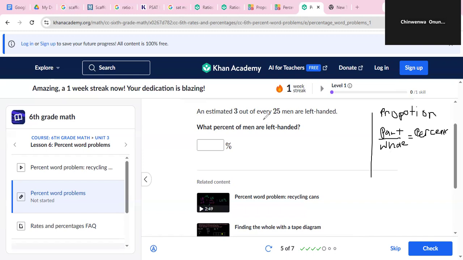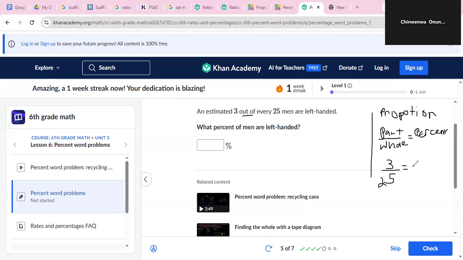Okay, so we have 3 out of 25. So we're going to rewrite this as 3 over, part is 3 out of 25 wholes, right? 3 out of, remember, out of means divide, so that can help you see what it means. 3 out of 25 are left-handed, so it's equal to what percent?